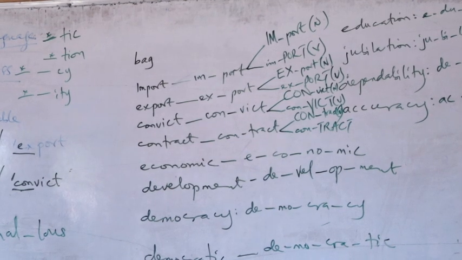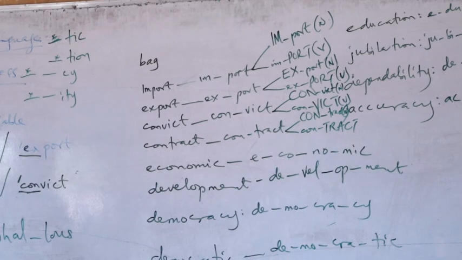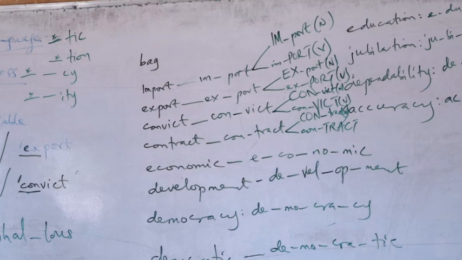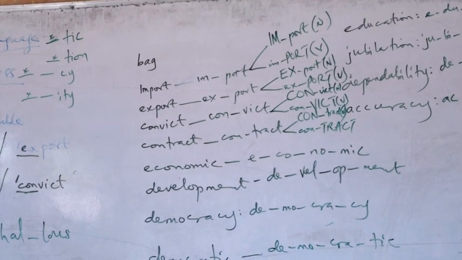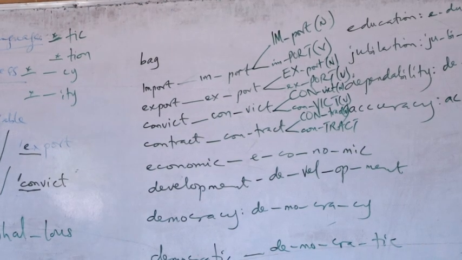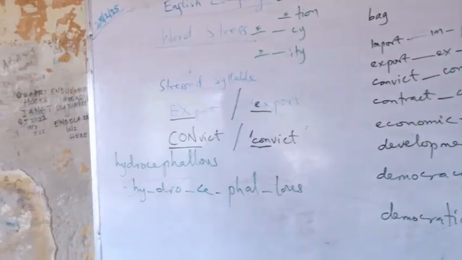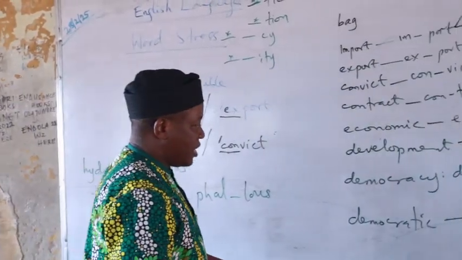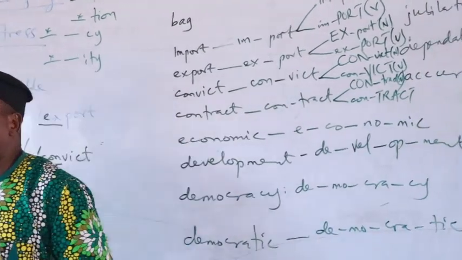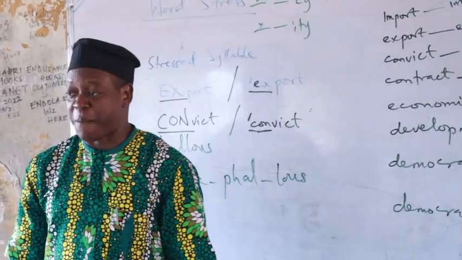That syllable that requires more energy to pronounce, you dissipate more energy in pronouncing it. That syllable is a stress syllable. Did you understand that? Let me choose the third one before we begin to pronounce the remaining ones together.